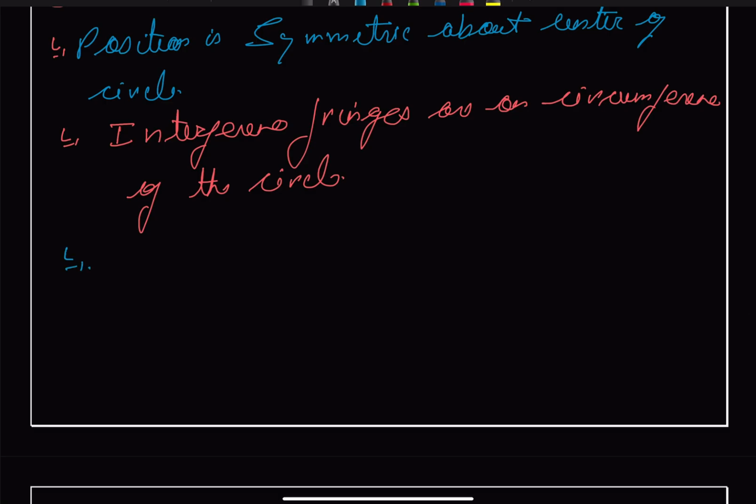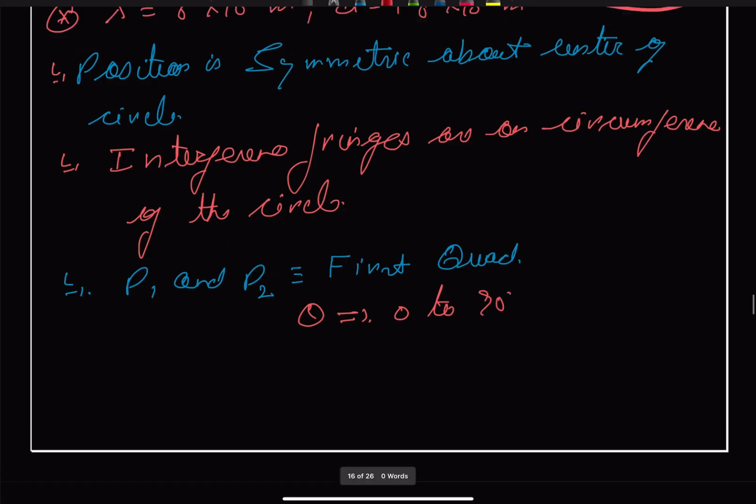P1 and P2 are in the first quadrant, and theta varies from 0 to 90 degrees.